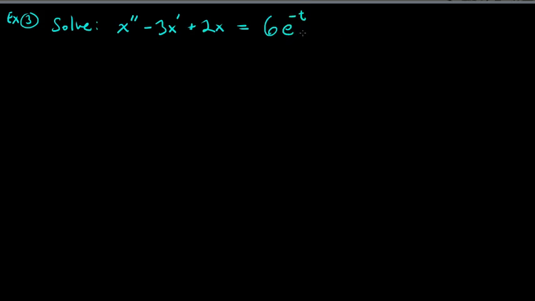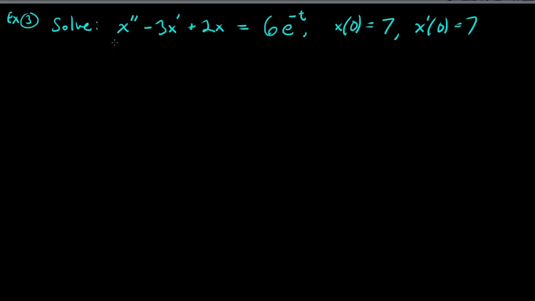And then the initial conditions: x of 0 will be 7, and x prime of 0 will also be 7. This is also a harmonic oscillator, but one with a damping term and an external driven force.